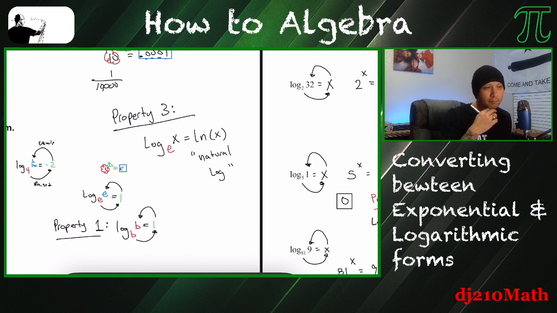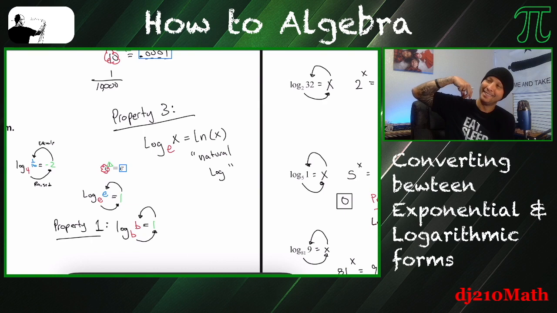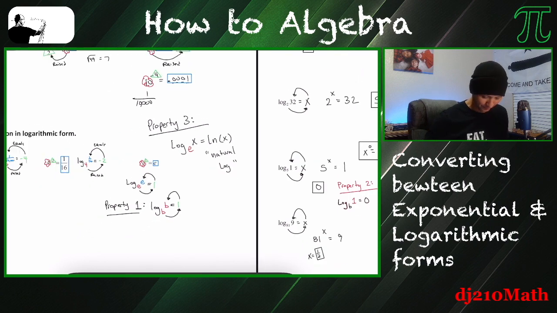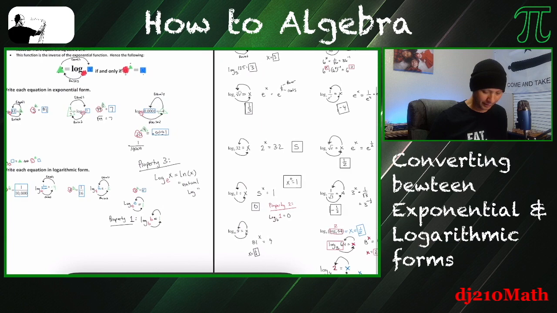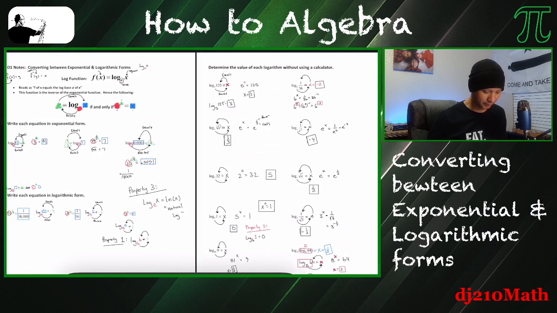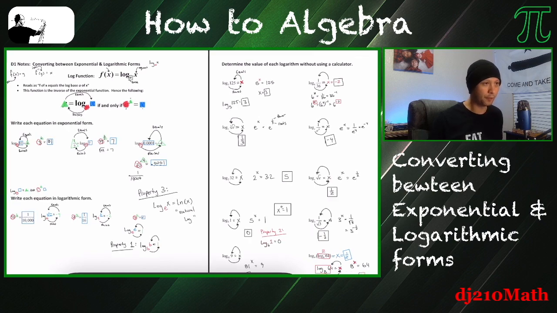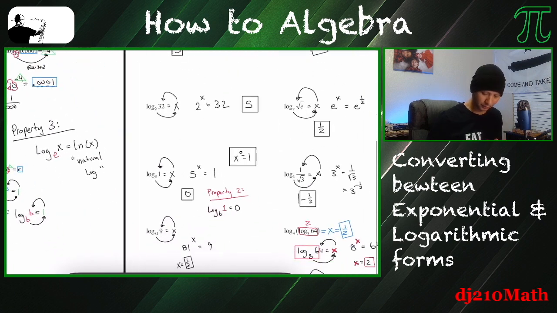But just know that when it comes to logs and logarithms, natural log is a very natural log to talk about. No pun intended. All right, I think that's it for right now. I think this is all you need to be successful in terms of converting logs to exponentials.